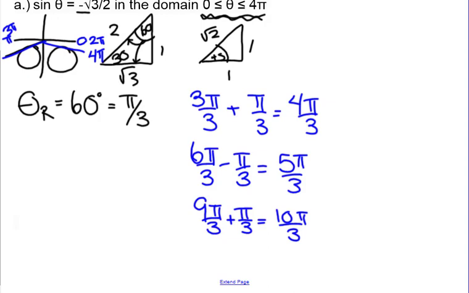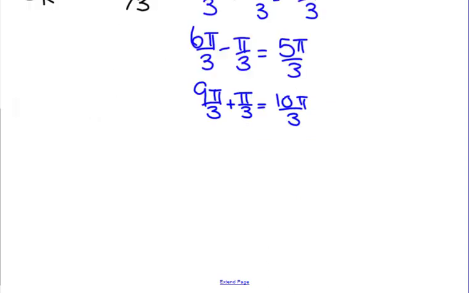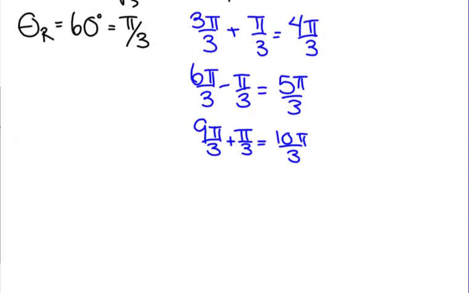We want to be 1/3 pi less than 4 pi. So 4 pi is 12 pi over 3 minus pi over 3 is 11 pi over 3. So those four values, 4 pi over 3, 5 pi over 3, 10 pi over 3, and 11 pi over 3, are all the angles where sine is equal to negative root of 3 over 2.